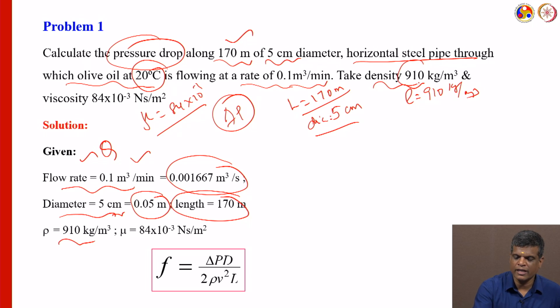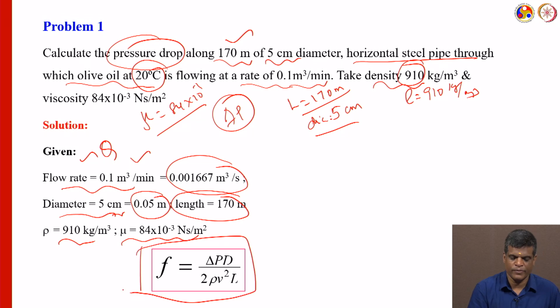The density is 910 kg per meter cube, and the viscosity is available. We know the friction factor formula, f equal to delta P, diameter, density, velocity, and length of the pipe. But here they are asking for delta P, and we do not know the value of f either.